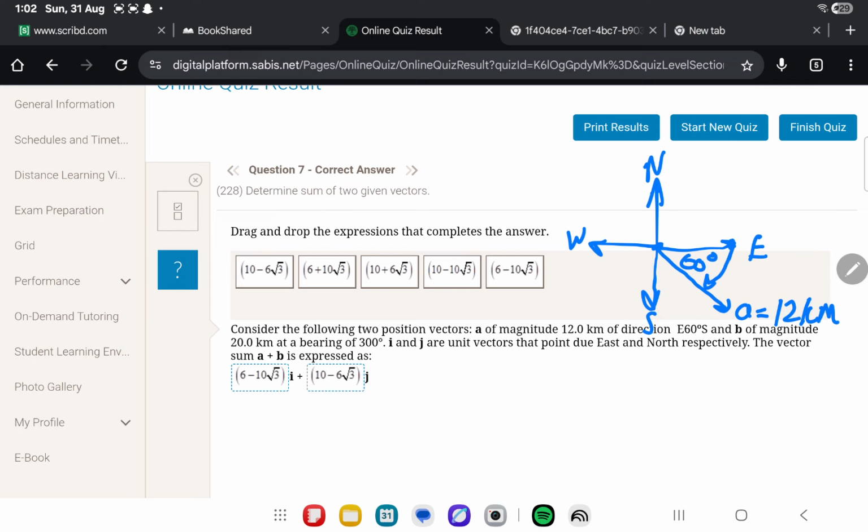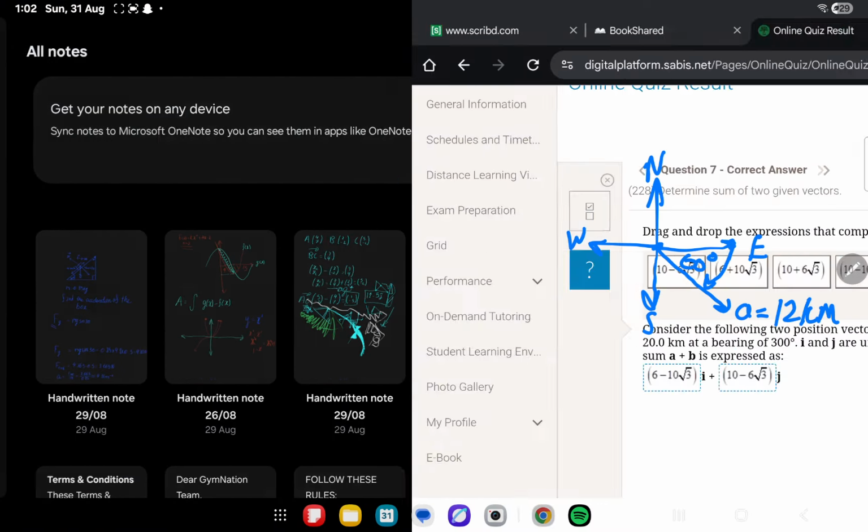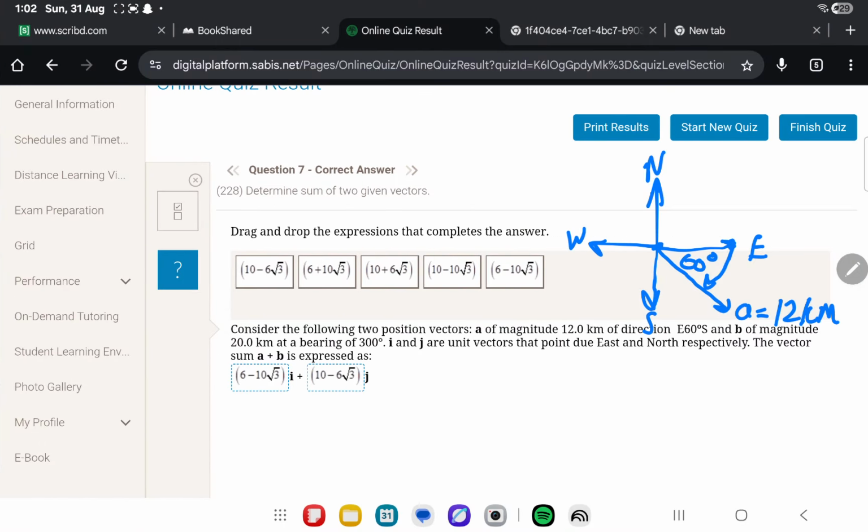Now, B is at a bearing of 300 degrees. You start off at the north, then you go 300 degrees. So this here is 90, 180, 270, then somewhere here is going to be 300.